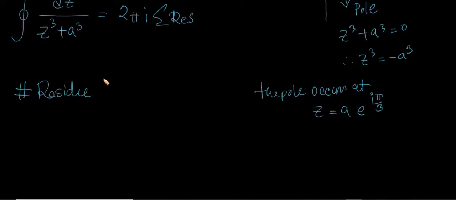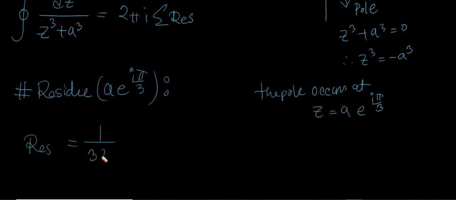So the residue at point a e to the power i pi by 3, you can easily do it by differentiating this stuff, or you can use the method that you saw in the first video. I'm going to go with the second one because that's way easier. So the residue at this point is simply 1 upon 3 z squared, where you have to put z equals a e to the power i pi by 3.